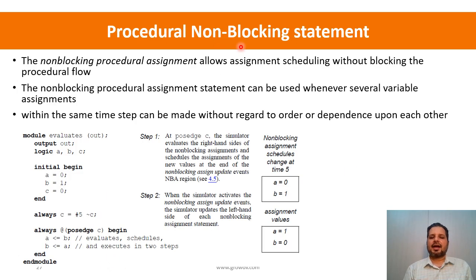Okay, so the second category we have is the non-blocking assignments. The non-blocking assignment allows the scheduling of assignment without blocking the procedural flow, and they are typically used when you want to assign several variables and you are looking for the effect that all of them are getting assigned in parallel, even when you do it in the same time step.